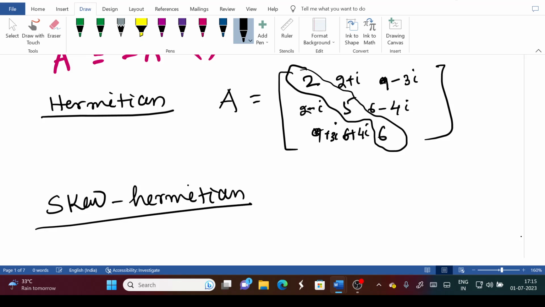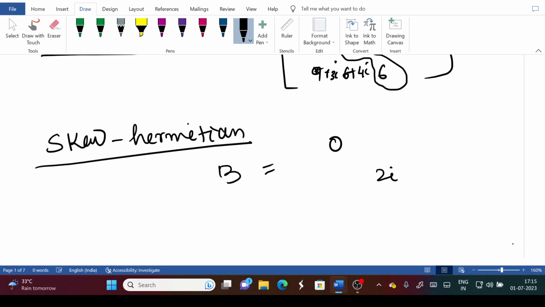What we will do? Here the matrix will have either 0 or purely imaginary diagonal elements. And the transpose positions, 2 plus 3i, 5 minus 7i, 2 minus root 3i.